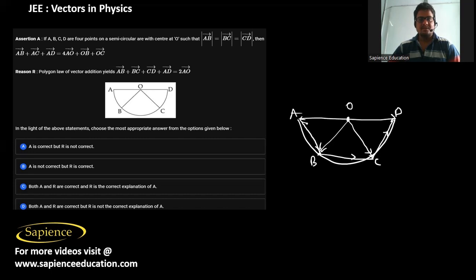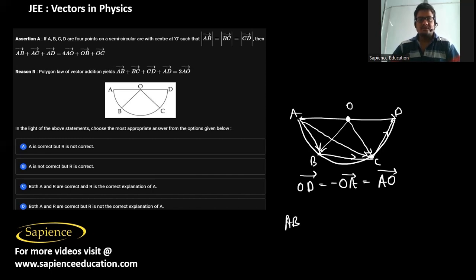So AB plus AC plus AD. As you can see, OD will be equal to minus of OA, which is the same as AO.